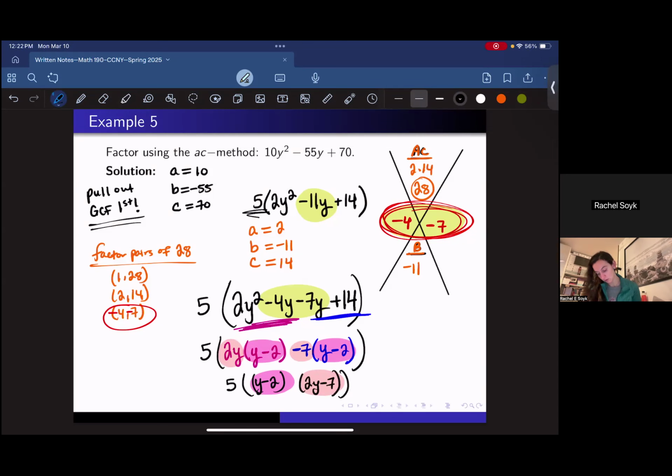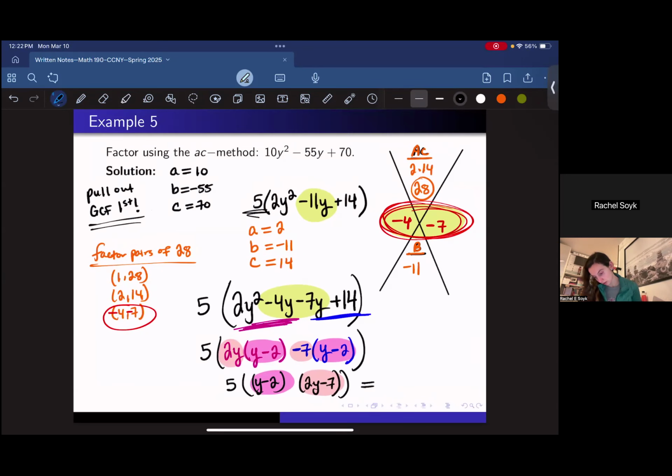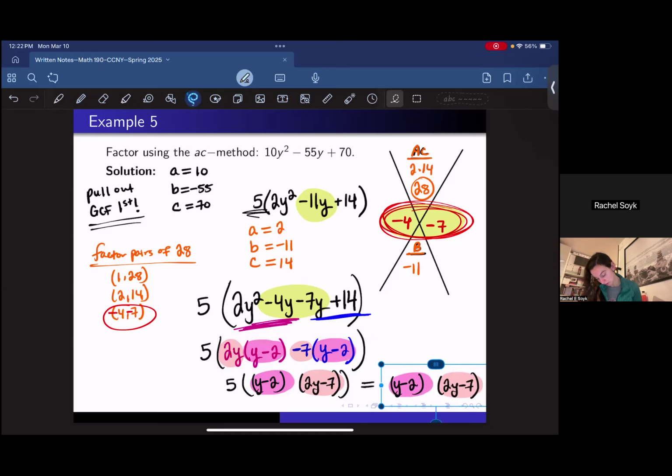You don't have to have two sets of parentheses. You can also just write it as this. You just don't want to forget that 5 on the outside. And then we're done.